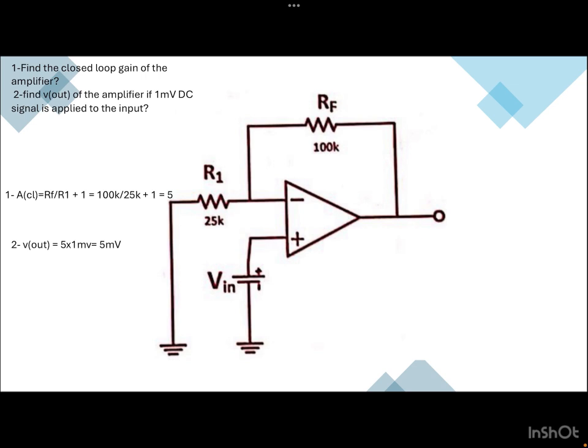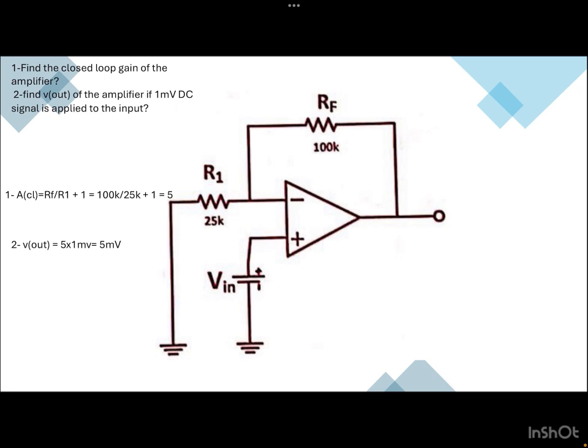Find the closed loop gain of the amplifier. As here in the first question, we can use the rule for a non-inverting amplifier, which is A closed loop equals RF over R1 plus 1, which equals here RF is 100K over 5K, which is R1, plus 1, equals 21.